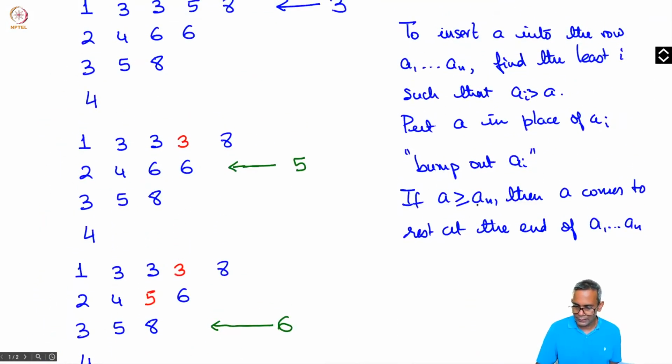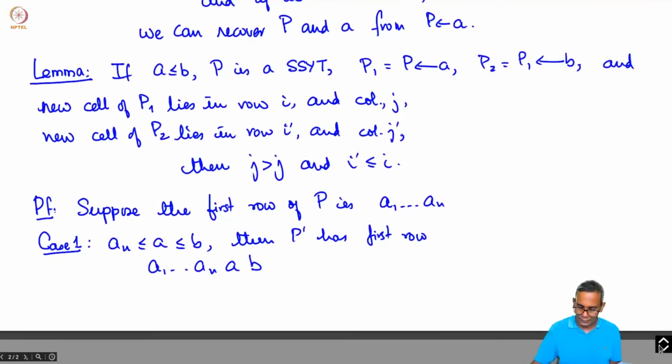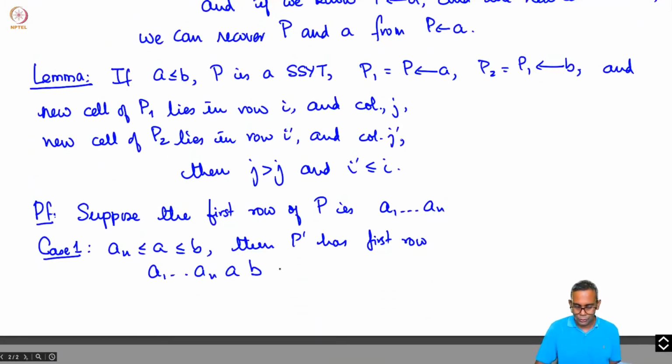If A is greater than or equal to all the entries, then A comes to rest at the end of A1, A2, ..., AN. So both A and B come to rest at the end of the first row, and so they lie in the same row, and B comes to rest strictly to the right of A. So this case is okay.